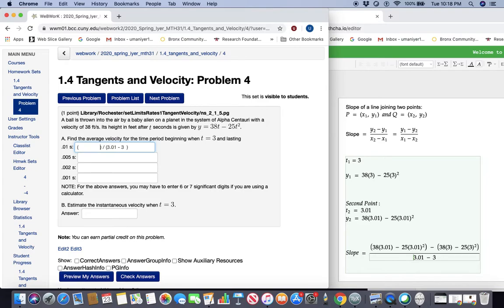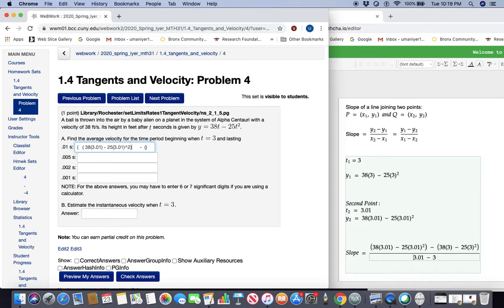The numerator itself has a parenthesis minus parenthesis, because when subtracting an expression we have to be very careful. So the first parenthesis is 38 times 3.01 minus 25 times 3.01 power 2.